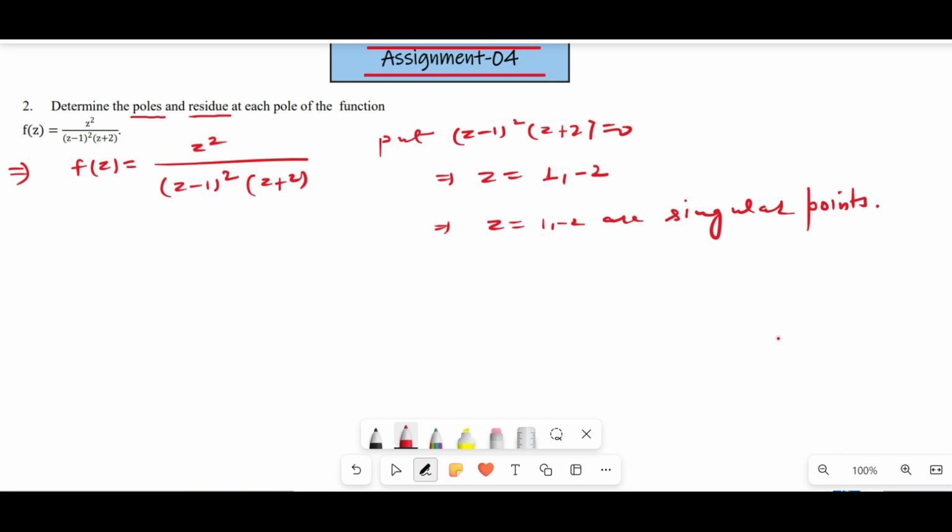As we can see in the denominator, the factor of (z minus 1) is 2 and the factor of (z plus 2) is 1.